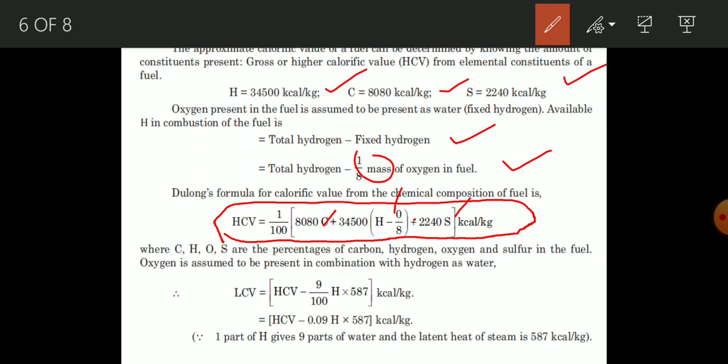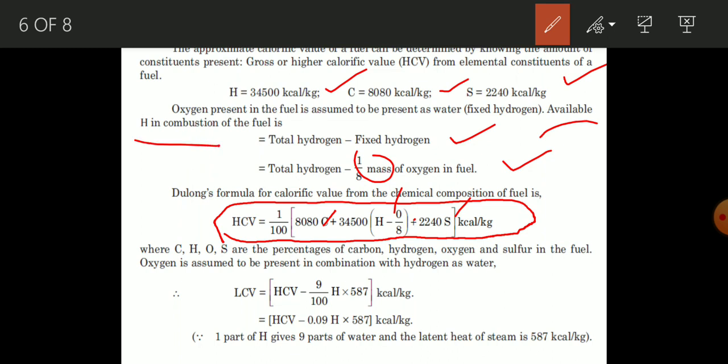Means 1 mole of oxygen requires 2 moles of hydrogen; 1 gram of hydrogen is fixed to 8 grams of oxygen to form water. So the total hydrogen minus oxygen divided by 8 is the amount of hydrogen available for combustion.